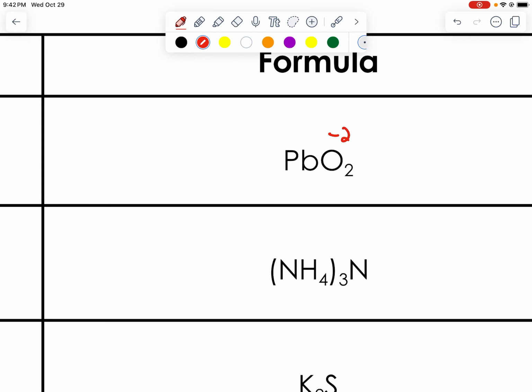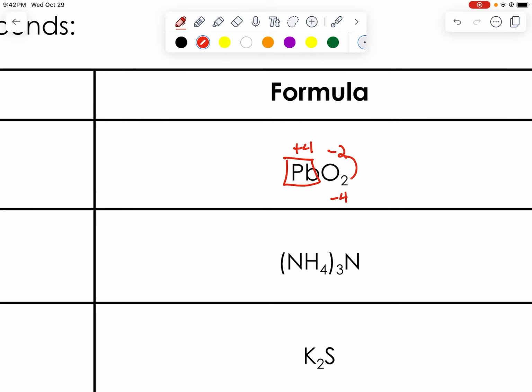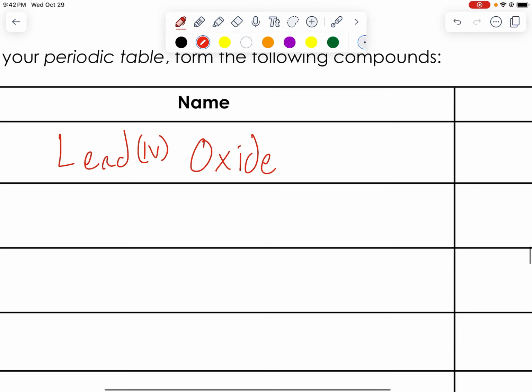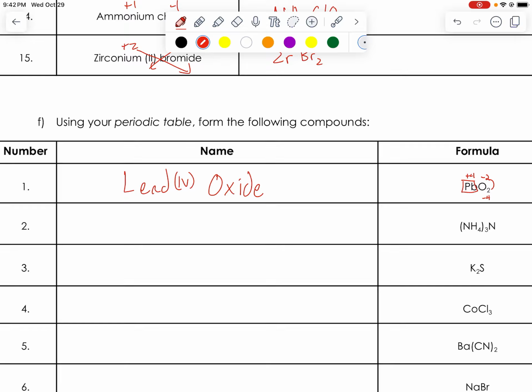So oxygen has a minus 2 charge. There's 2 of them, so the overall charge is negative 4. I only have 1 lead. That 1 lead has to have a positive 4. So it's really lead 4 oxide. Not every metal is going to need a Roman numeral. You got to check the back of your periodic table to make sure it's one of them.